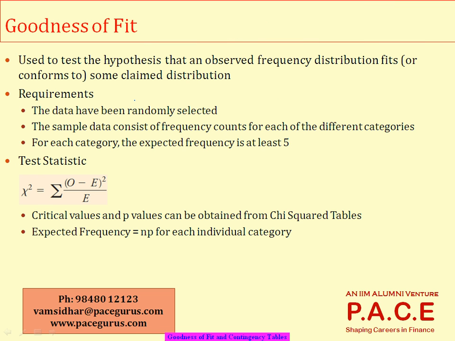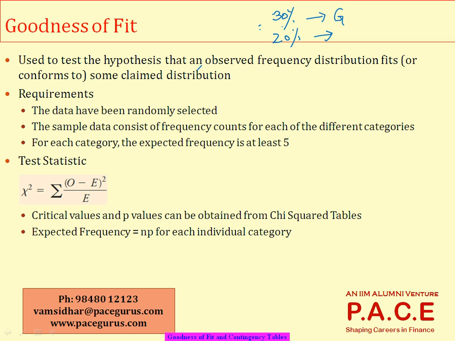If my objective is to test the proportions of data, typically, in a claimed distribution, I want around 30% to be graduates, around 20% to be postgraduates in a particular company.